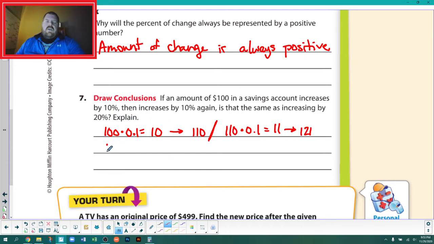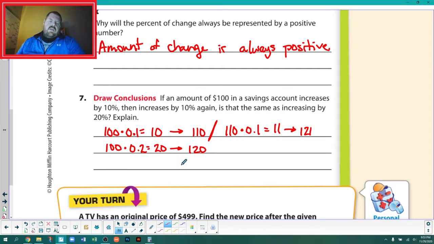If I just take the $100 and increase it by 20%, that's going to be $20. And when I add that to the original 100, I'll have $120. So it's not actually the same. Now I know that they're not too far off, but it's enough that when you scale this up or scale this down, it might matter even more.